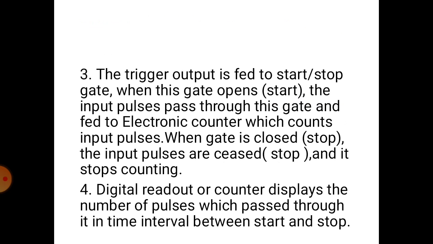The fourth point is the digital readout, or the counter, displays the number of pulses which passed through it in the time interval between start and stop. So the frequency of the unknown signal f is equal to n by t, where n is the number of counts displayed on the counter and t is the time interval between the start and stop of the gate.